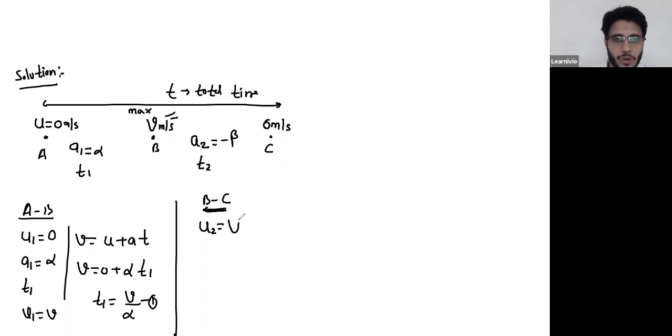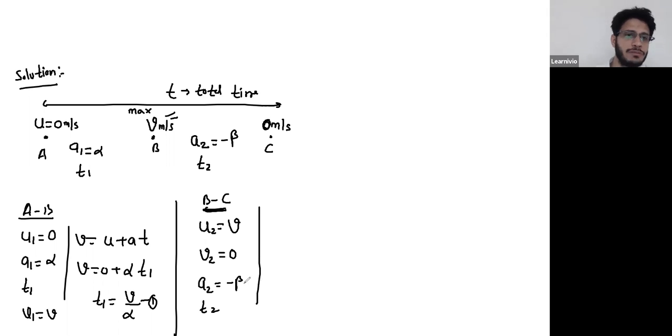V. So u2 is V. What about final velocity? It's 0. What about the acceleration? Minus beta, great. And the time is t2.